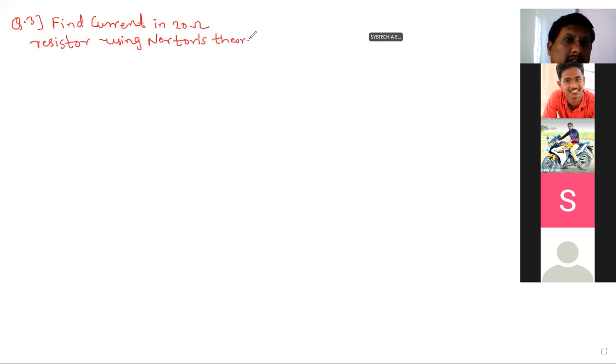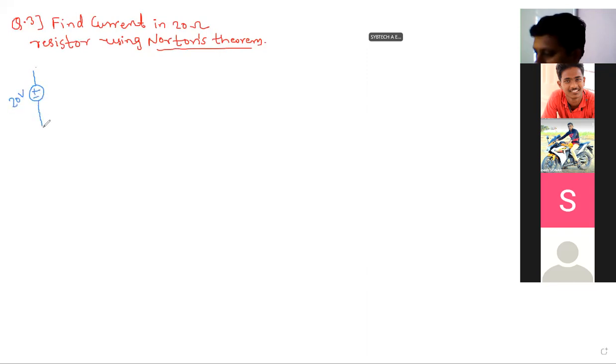The same example we have solved by using superposition and by using Thevenin's, and we got the same answer, that is 2 ampere. So here also, by using Norton's theorem, we can get the same answer of 2 ampere. So I will draw the diagram.